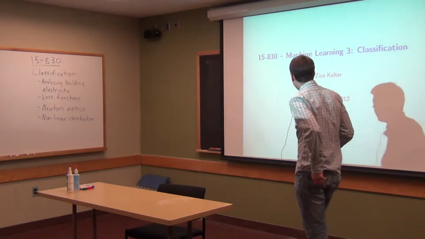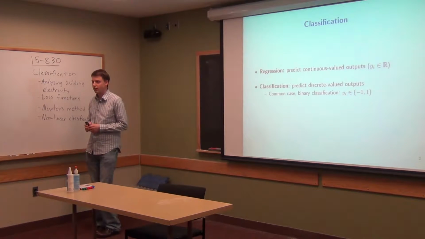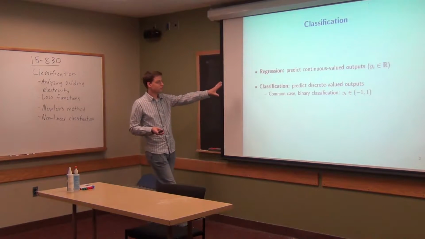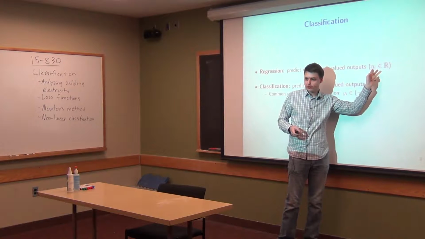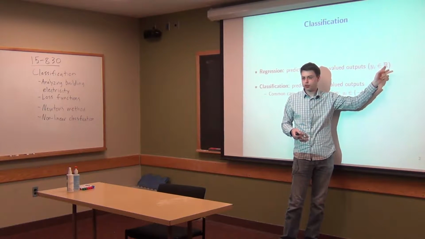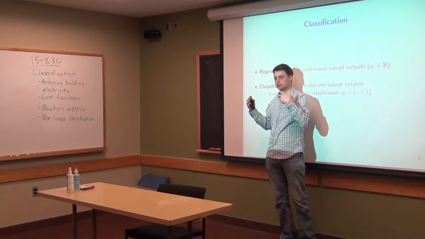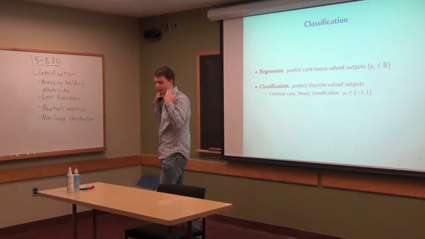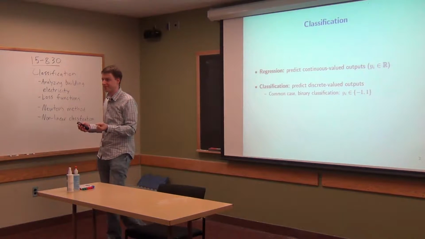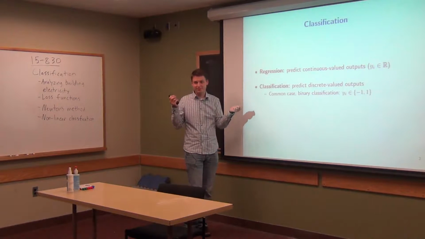All right, and as a way of motivating this, just the definition is, again, remember, in regression, we assume that our outputs yi were real values, right? So we want to predict the peak demand from the temperature. That is a real valued function, because you want to predict the actual number, not just some discrete set.